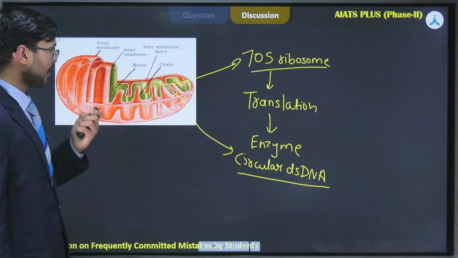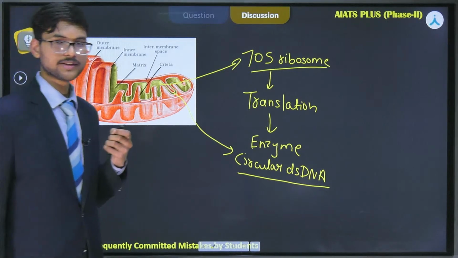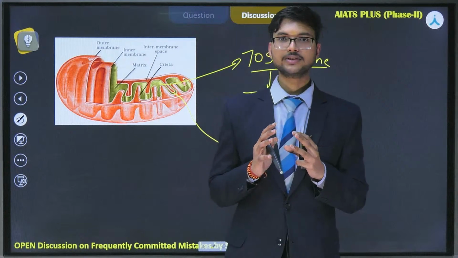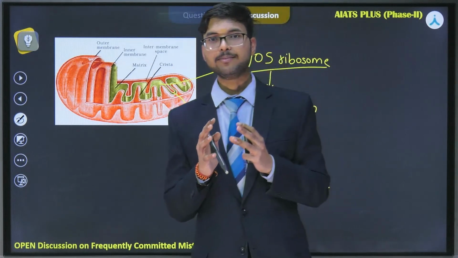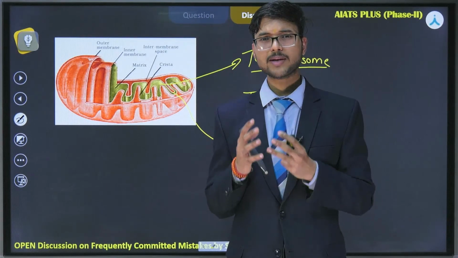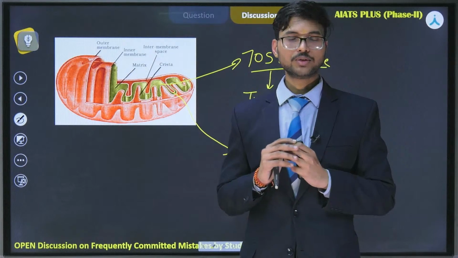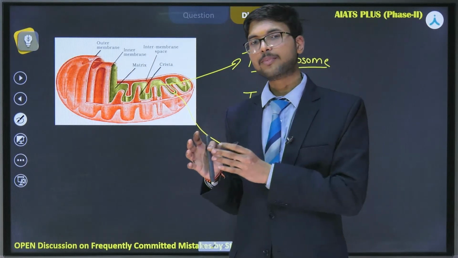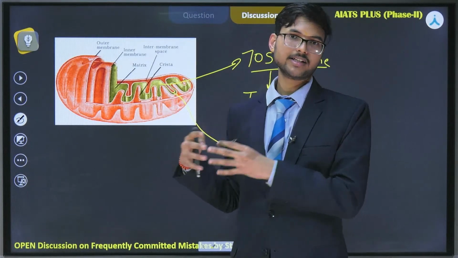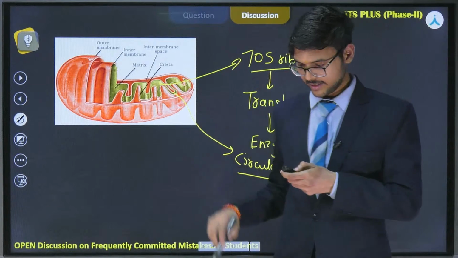If you have seen the process of respiration, you have learned the oxidative phosphorylation process, and in it you have seen enzymes like NADH reductase and succinate dehydrogenase, which are present in the inner mitochondrial membrane. So the inner mitochondrial membrane contains enzymes, whereas the outer membrane also contains certain different enzymes. So the statement, that is the reason, here is true.